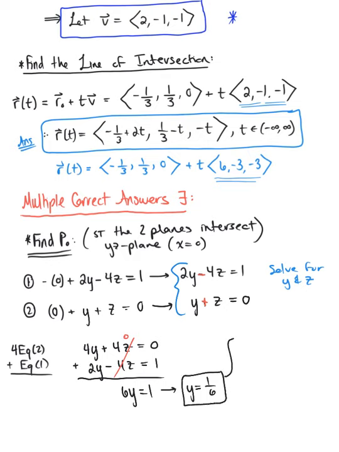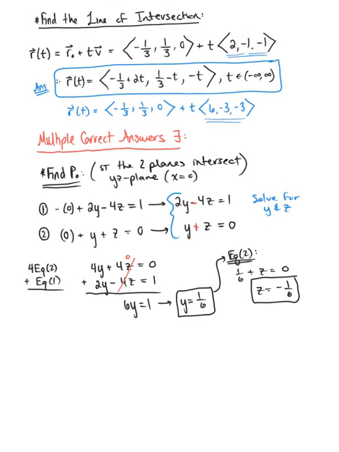Beautiful. So we can now take this y value and substitute it into either equation to find z. So I'm going to use equation 2. So this is going to be 1/6 plus z equals 0. And so z is equal to -1/6. Beautiful.